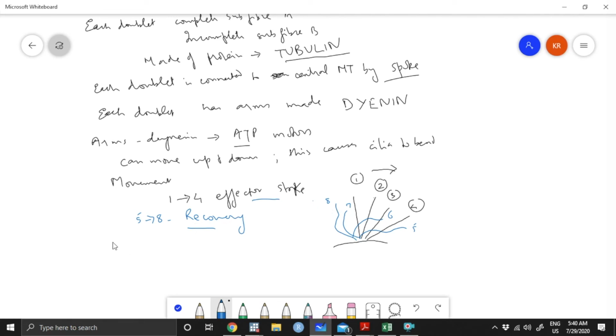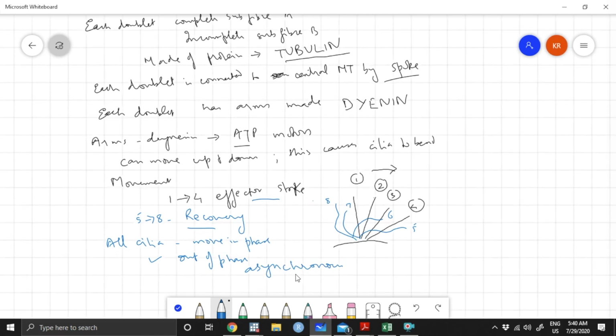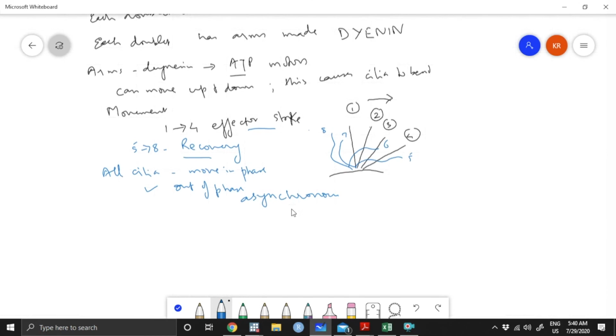So these two strokes are there when the cilium is beating, and all the cilia which are there may move in phase, but sometimes they are slightly out of phase. This is what happens often. So we get asynchronous movement of the cilia.